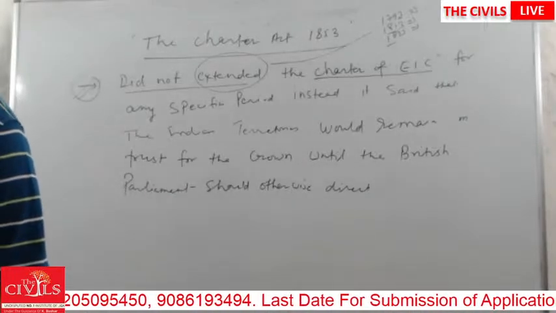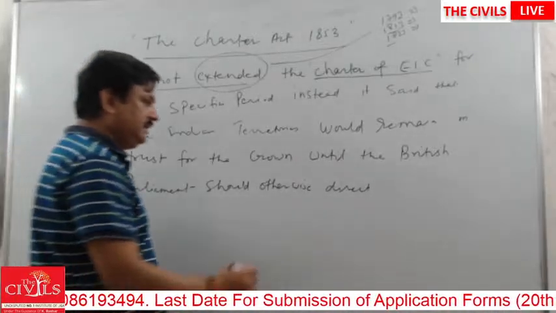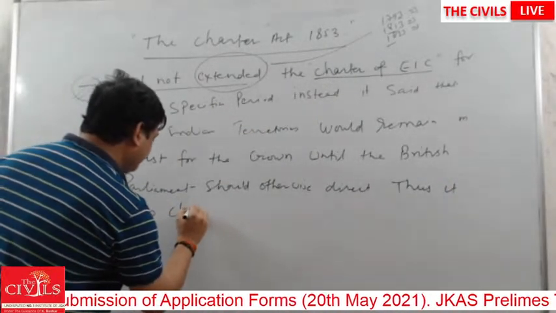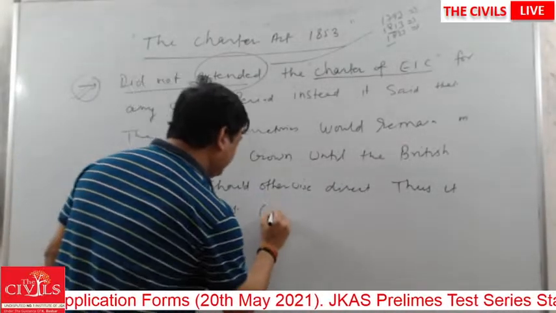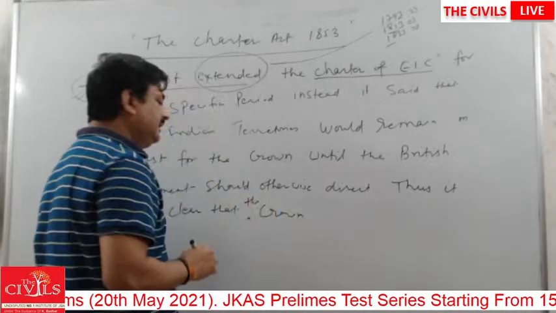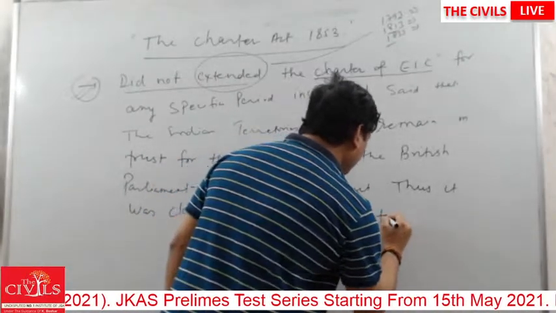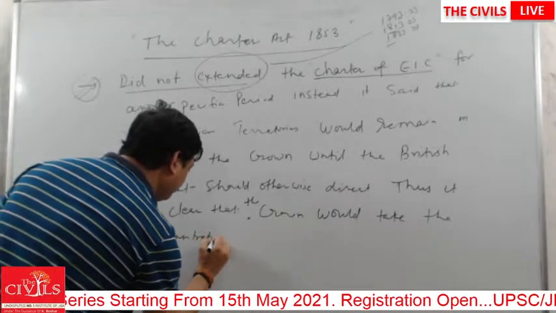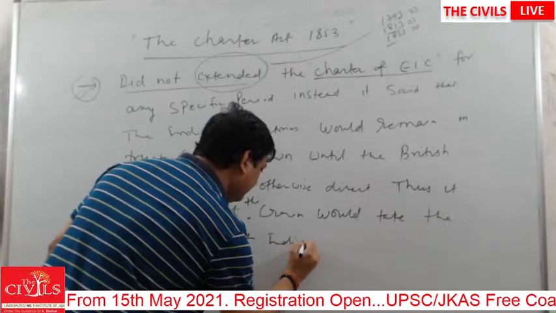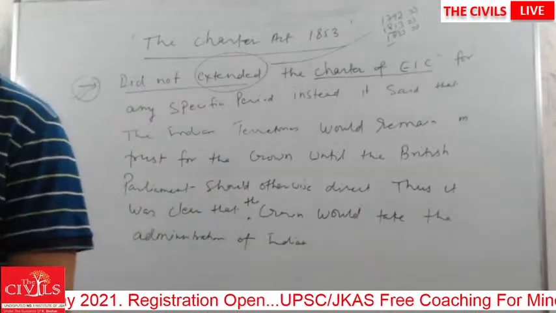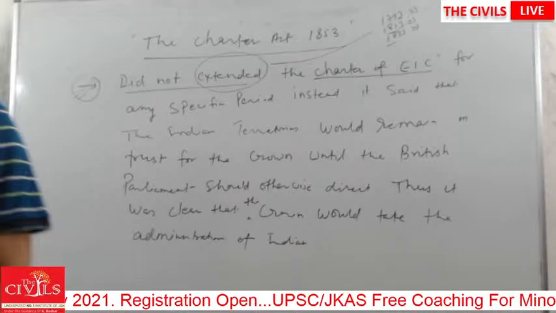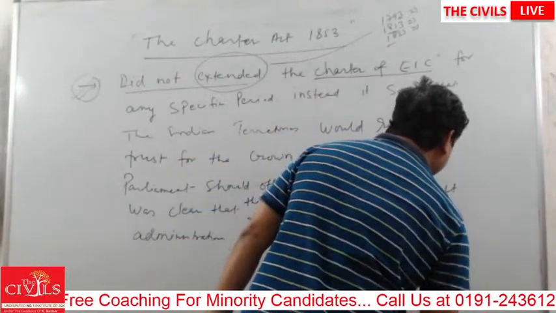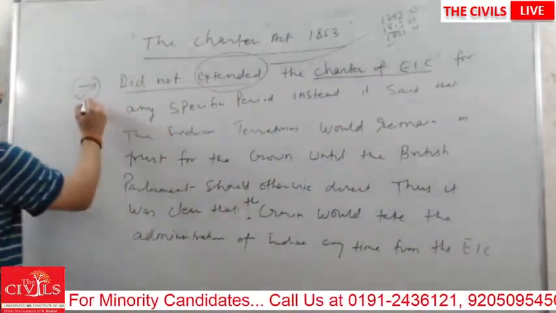Thus it was clear that the Crown could take over the administration of India anytime from the East India Company.